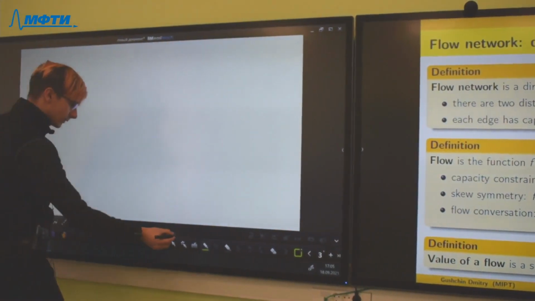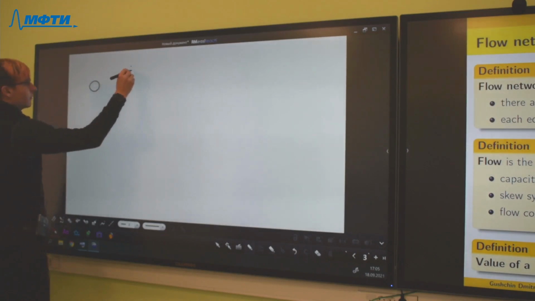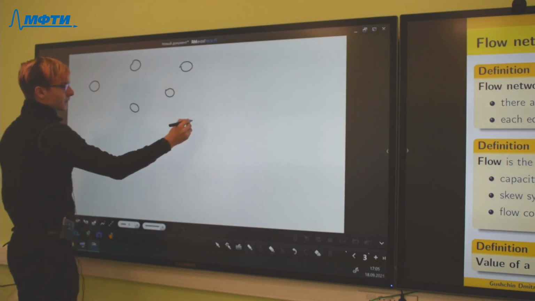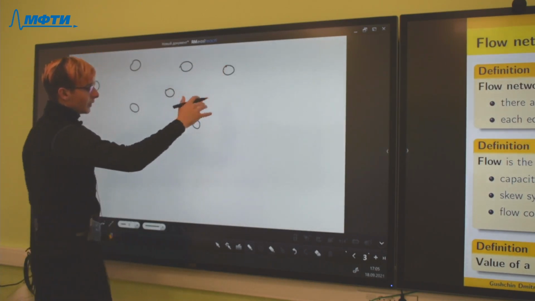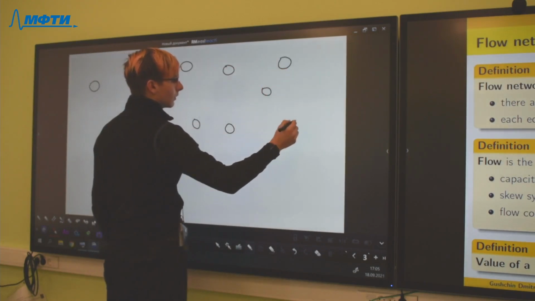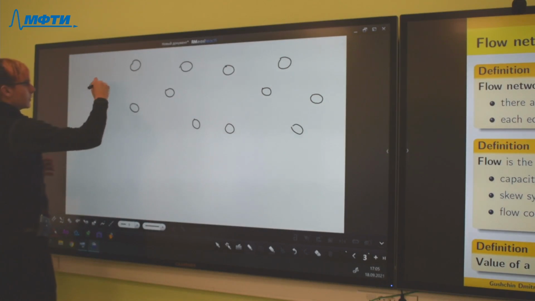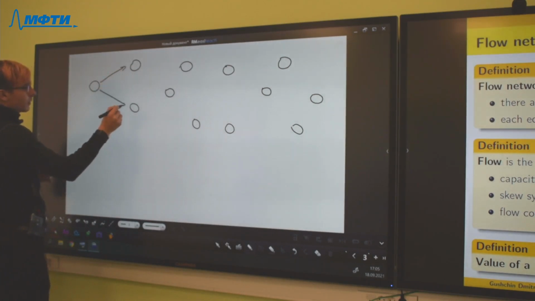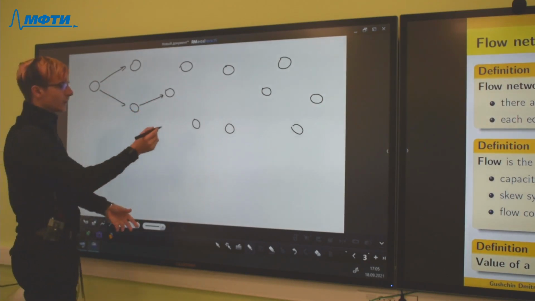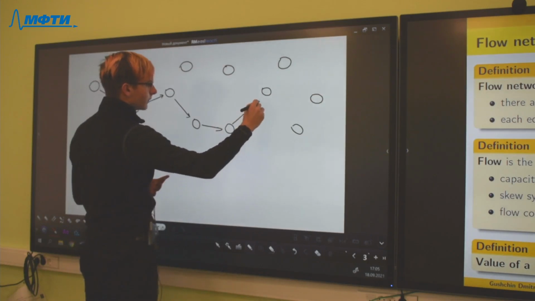For example, if we have some vertices, we can represent them in the plane, and each edge starts at one vertex and goes to the other, like in any other directed graph.